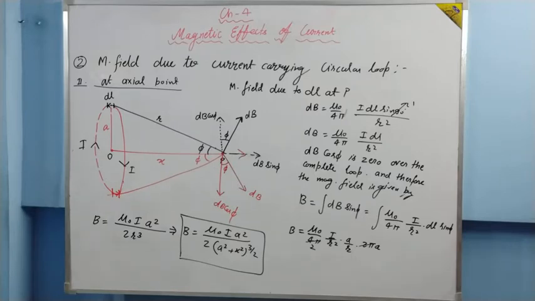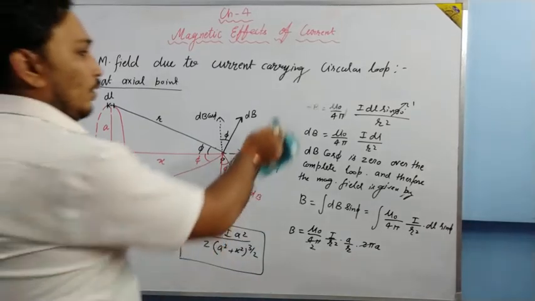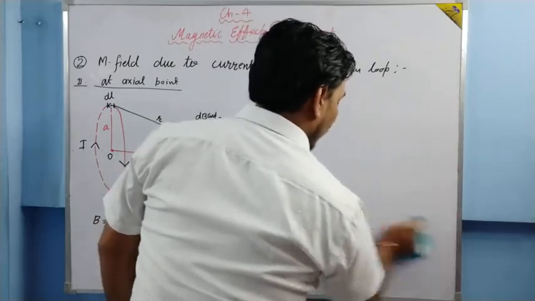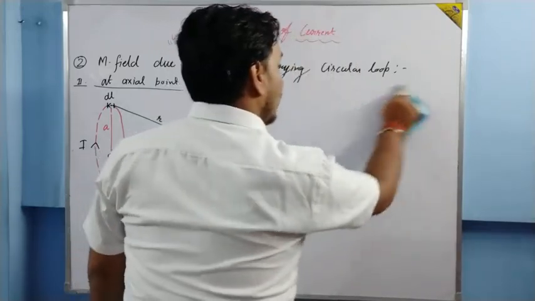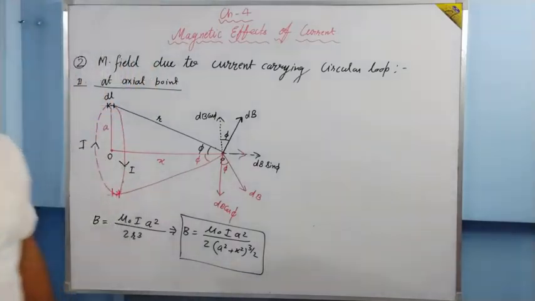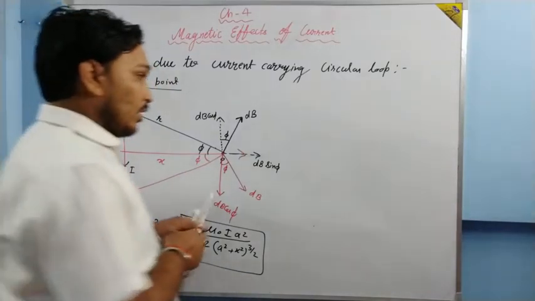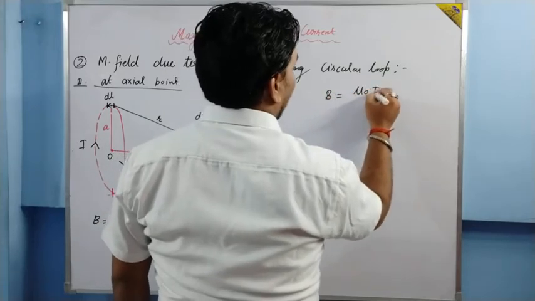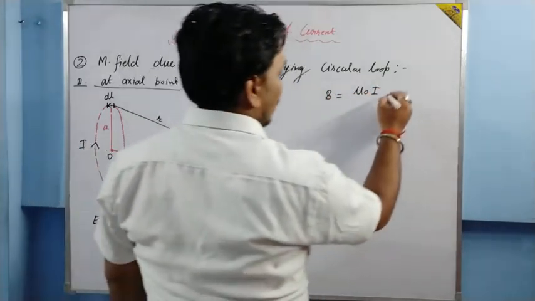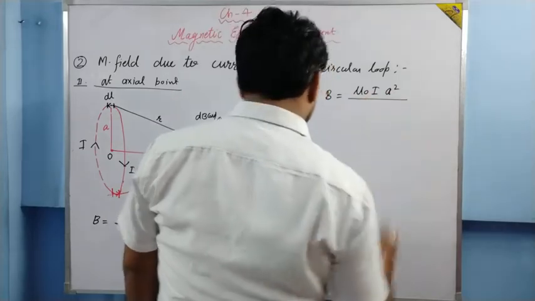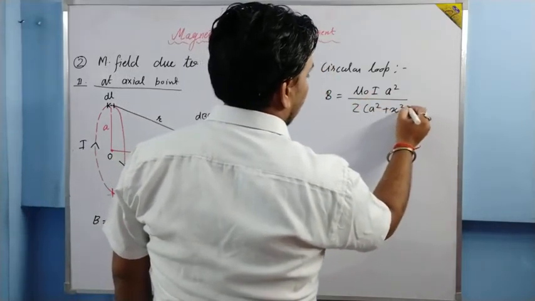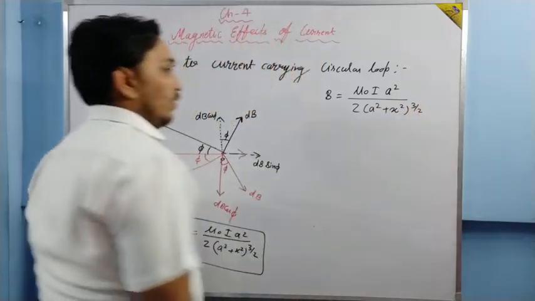Let us discuss some important cases also. There are some cases we need to understand. What is the formula we have got? B is equal to mu naught I into A square upon 2 in bracket A square plus X square to the power 3 by 2.